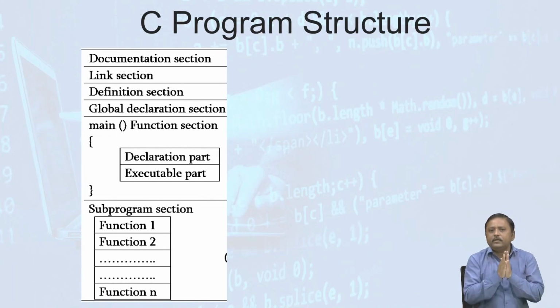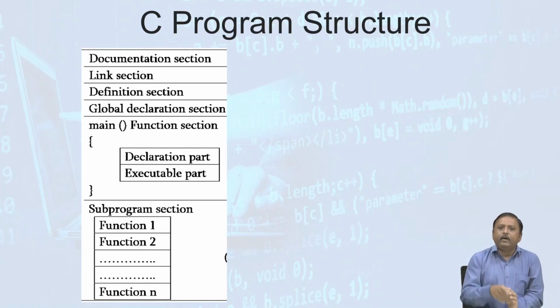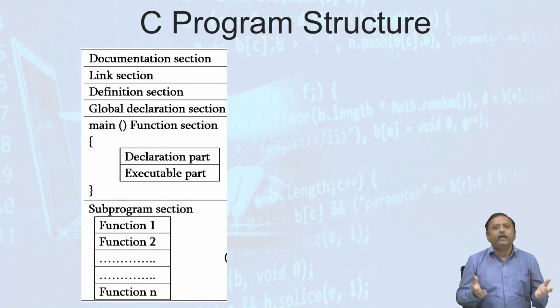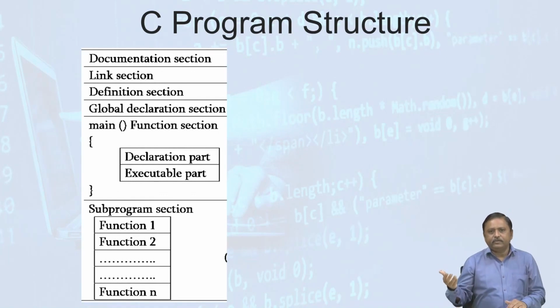Now third section is definition section. Remember that documentation section is not compulsory, it is optional. If you want to write something about program, you can, but it is not compulsory. But generally we specify link section, so it is compulsory in that sense.